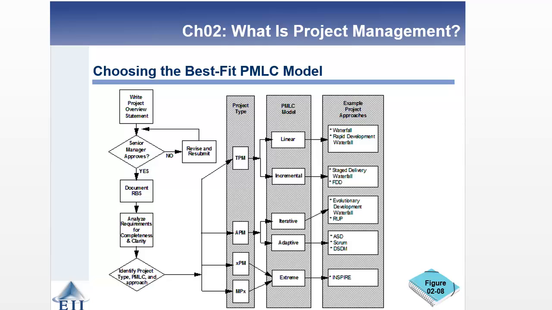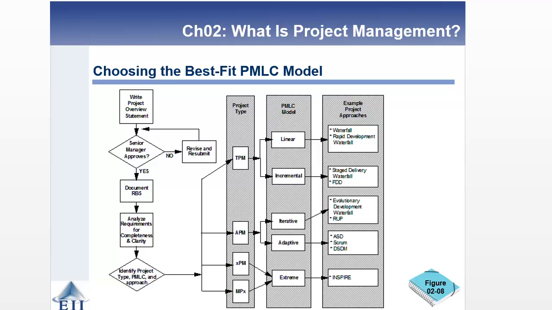Once you get senior management approval, you're going to go and document what's called a RBS, or requirements breakdown structure. So you're going to take the requirements and break them down, moving through levels of detail until you've got a fairly good picture of what the requirements are for a particular project, or at least as you know them at that point.